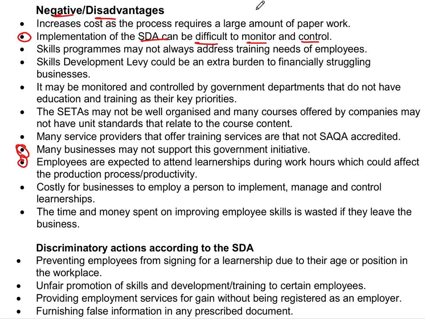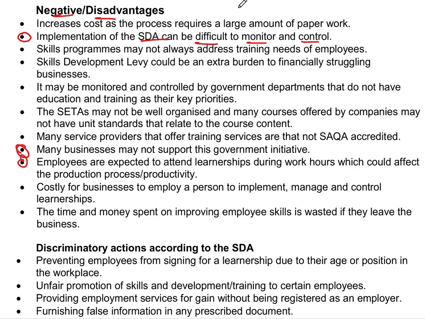When they say implementation of the Skills Development Act can be difficult to monitor and control, what are they saying there? Okay, they are saying that putting the Skills Development Act into action can be a headache.